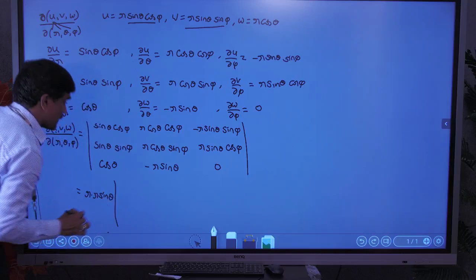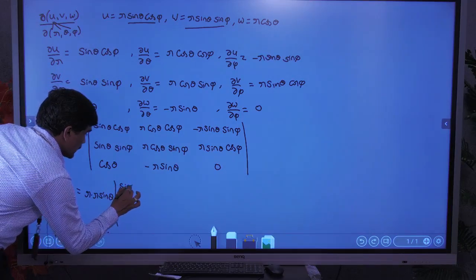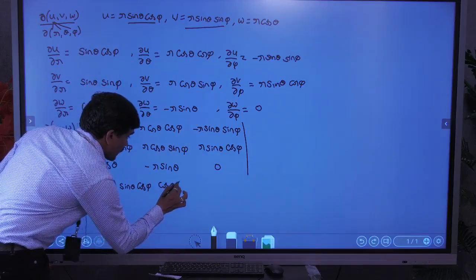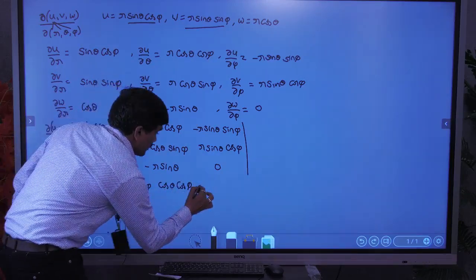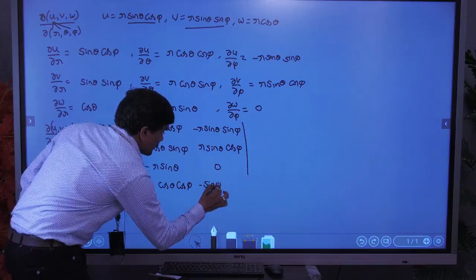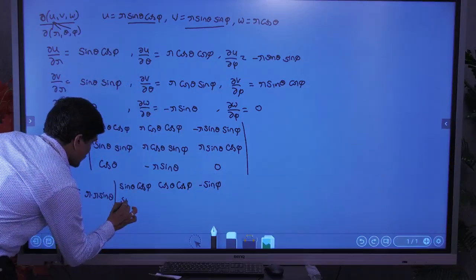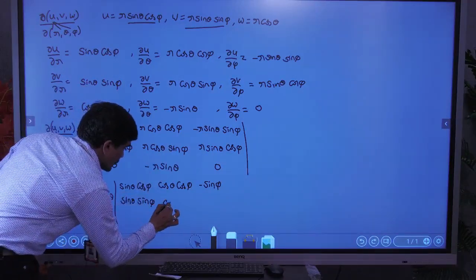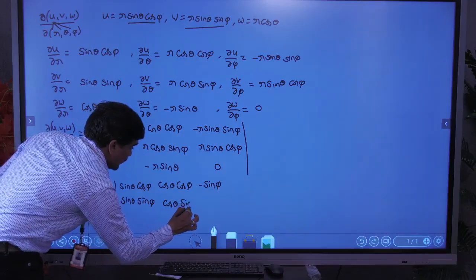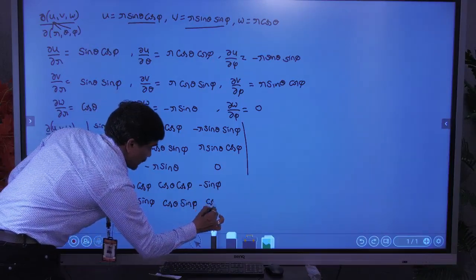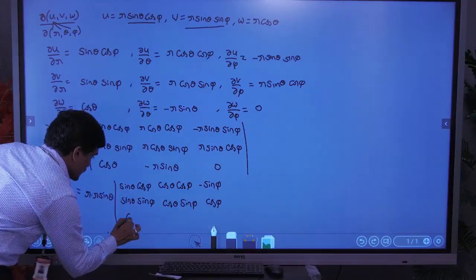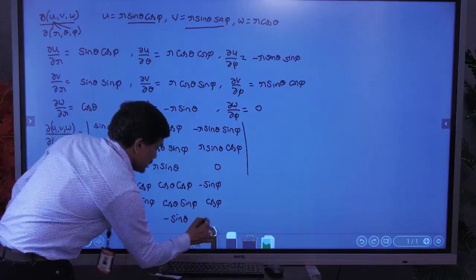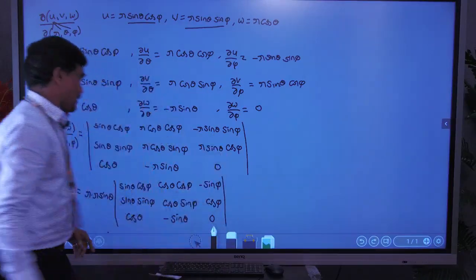So write the remaining terms here. Sin theta cos phi, cos theta cos phi, minus sin phi. Here sin theta sin phi, cos theta sin phi, cos phi, cos theta, minus sin theta, 0.